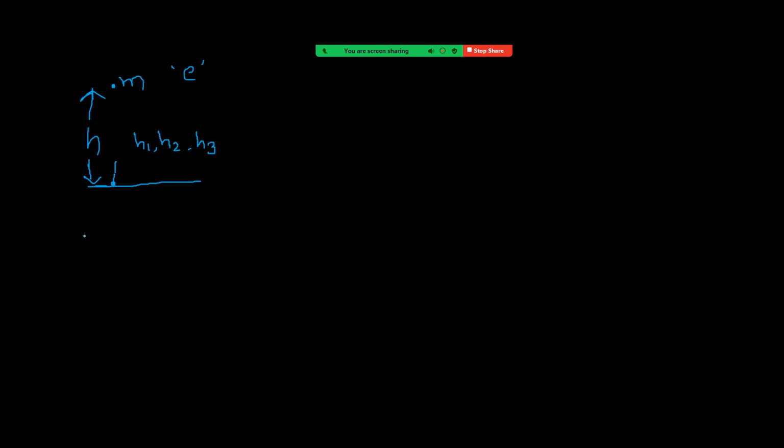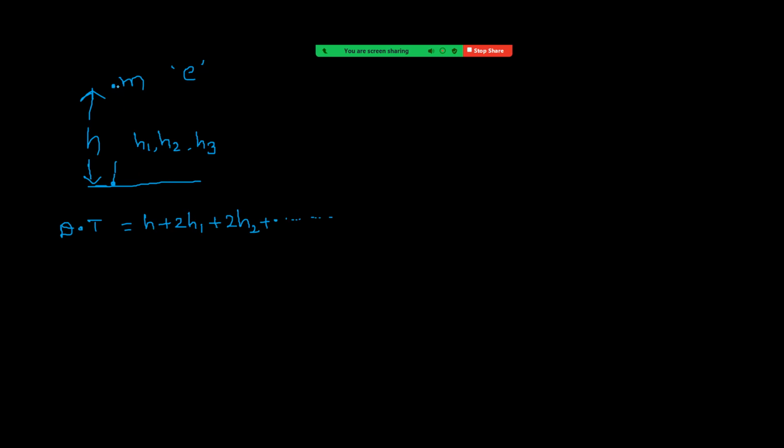Then distance covered before coming to rest, that is distance traveled, is equal to h plus, see, traveling up h1, again back h1, so 2h1, next h2 up, again h2 down, so plus 2h2 plus 2h3 and so on. That is now the distance traveled.